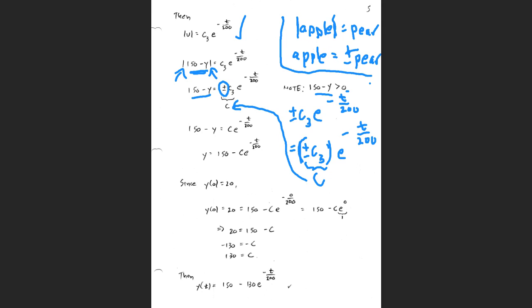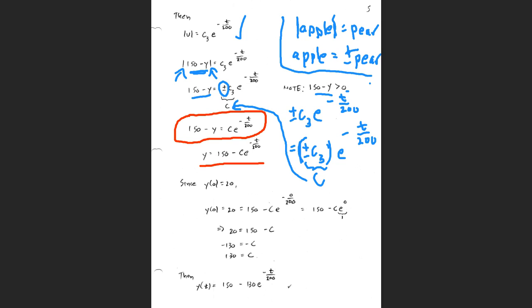So we can solve for y. If 150 minus y equals this unknown constant times e to the negative t over 200, notice I'm now putting a C in there.